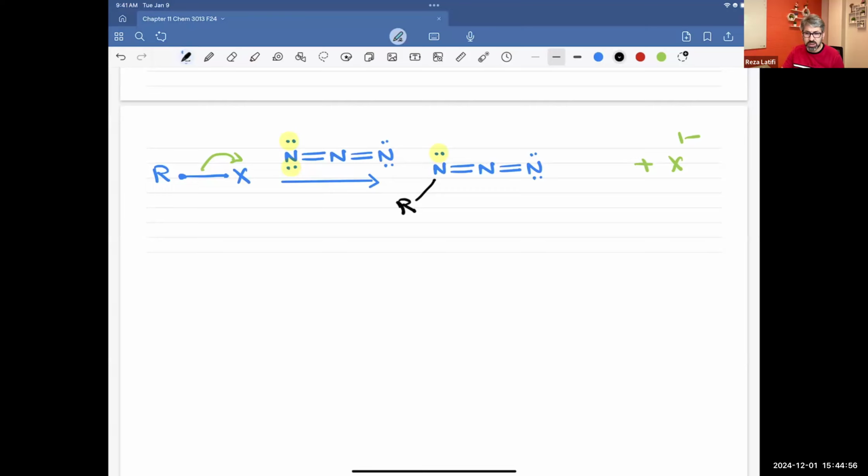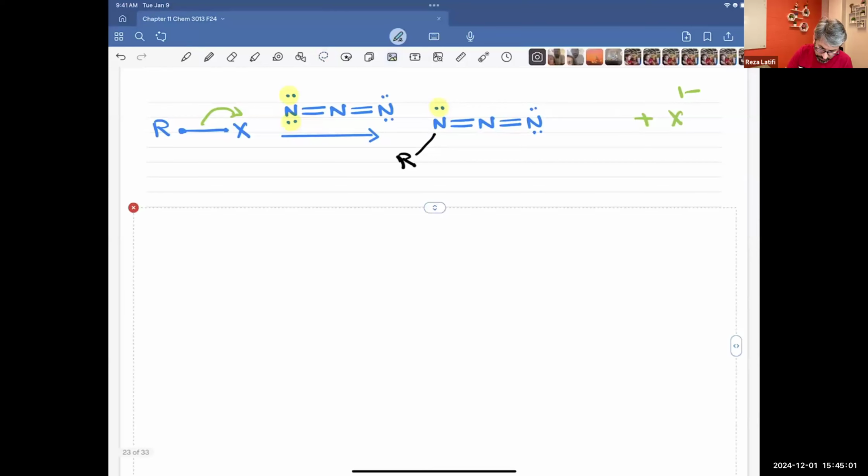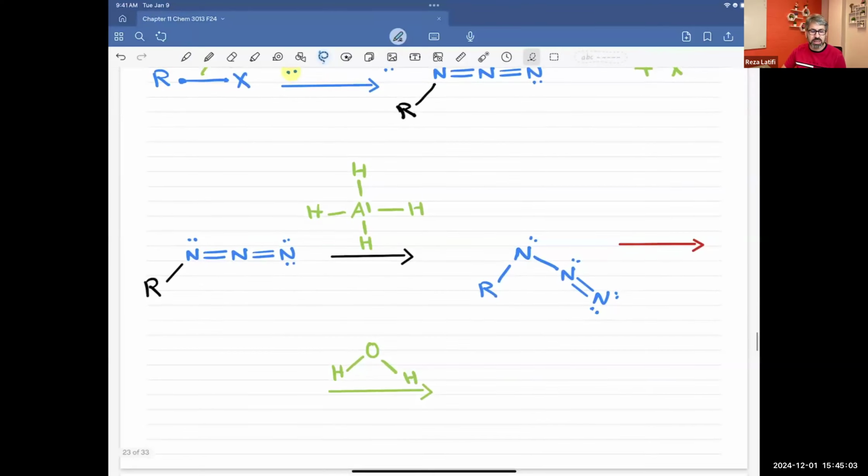Okay, now that I got this one, next step. I can use lithium aluminum hydride, and remember that this one has a -1 charge, which means it is a strong reducing agent. Now, this one can actually go after that nitrogen.